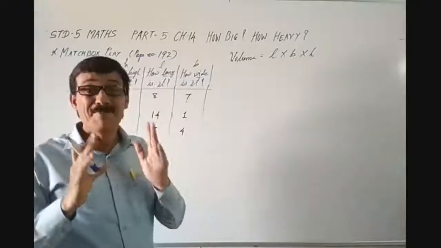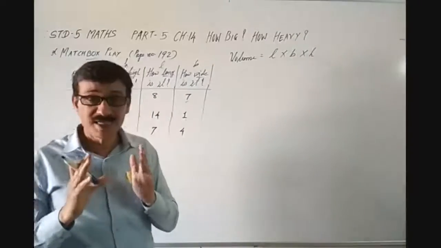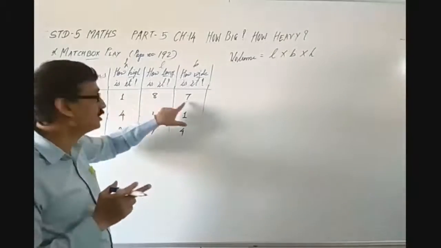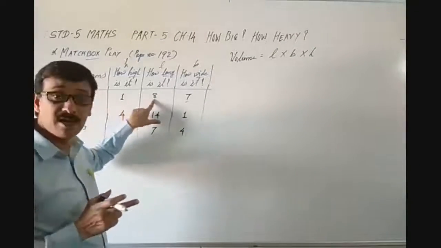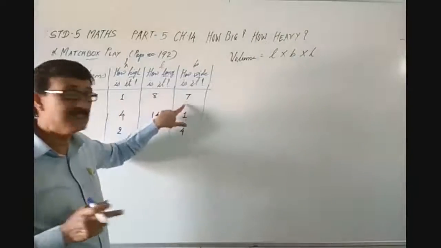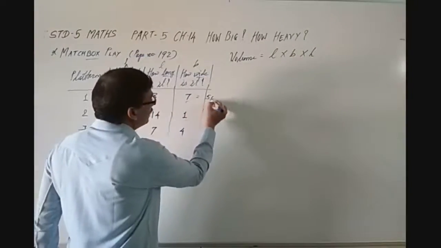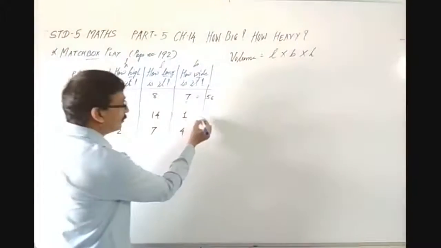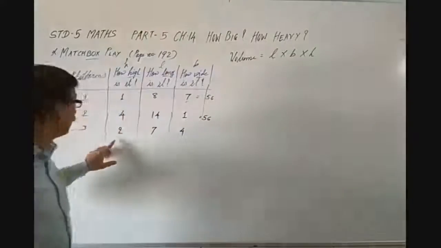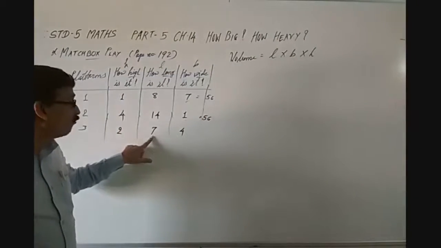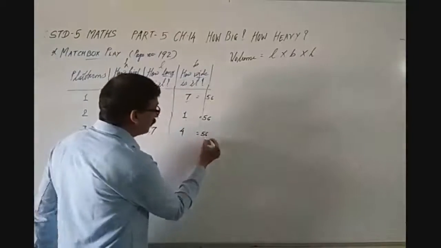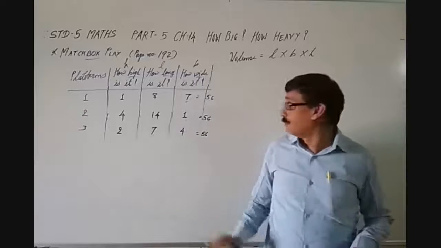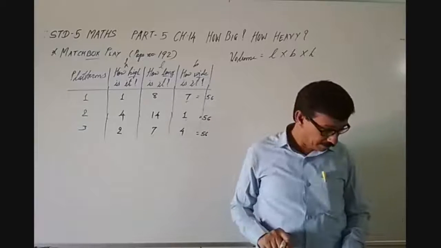So naturally, matchbox-wise, the volume of this platform is 56, and if you multiply this, you will find 56. 8 ones are 8, 8 sevens are 56. 14 fours are 56, multiplied by 1, 56. 2 sevens are 14, 14 fours are 56. So the volume of each platform is equal to 56, isn't it?